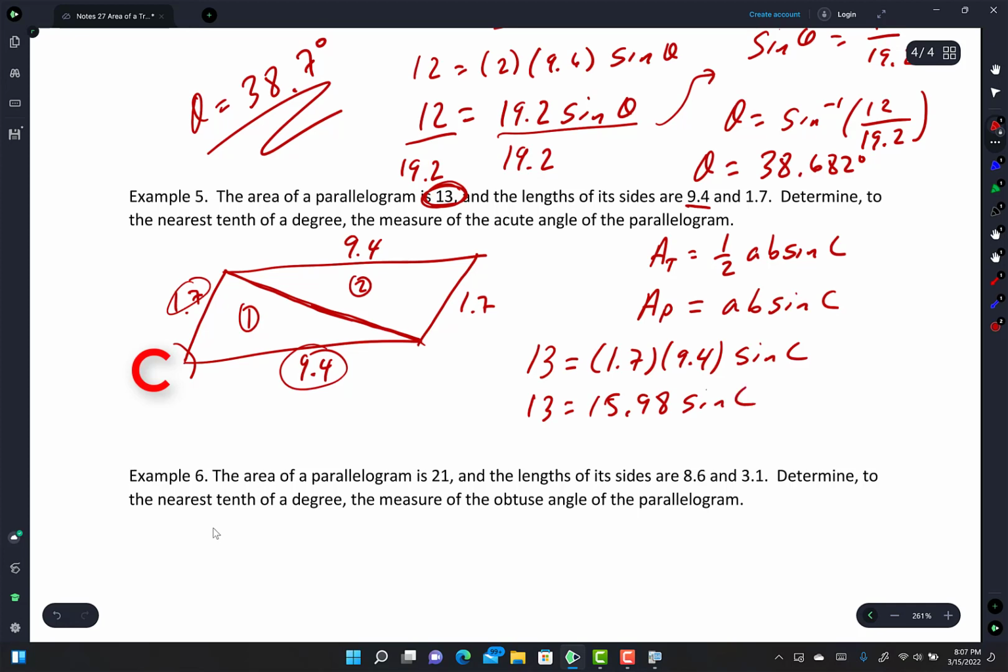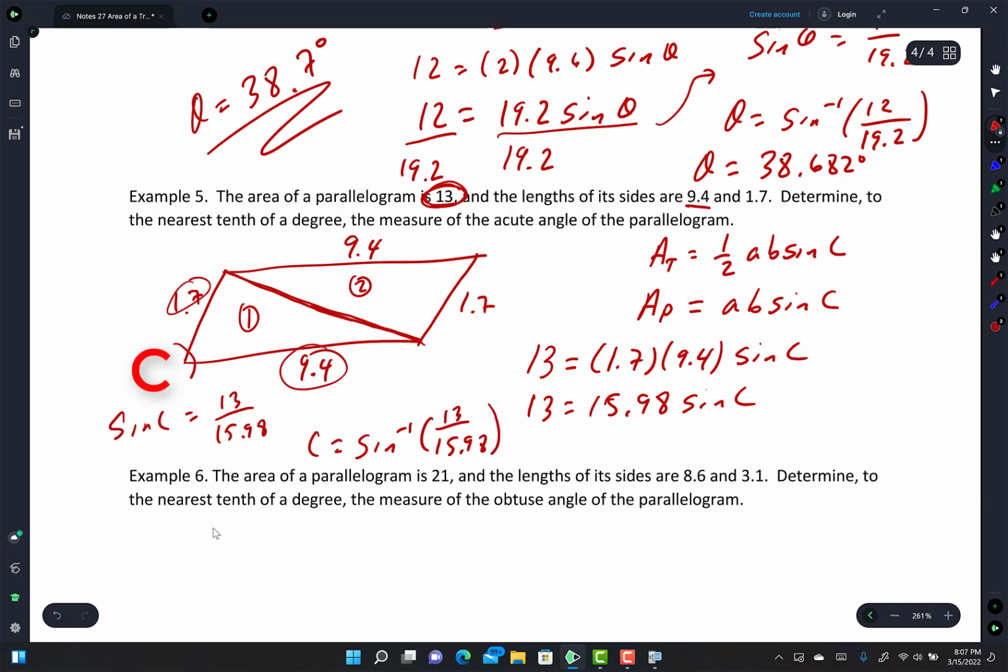And I'm going to get sine C by itself, so I'm going to divide. So sine C equals 13 divided by 15.98. And now I'm going to do inverse sine, guys. So C equals inverse sine of 13 divided by 15.98.